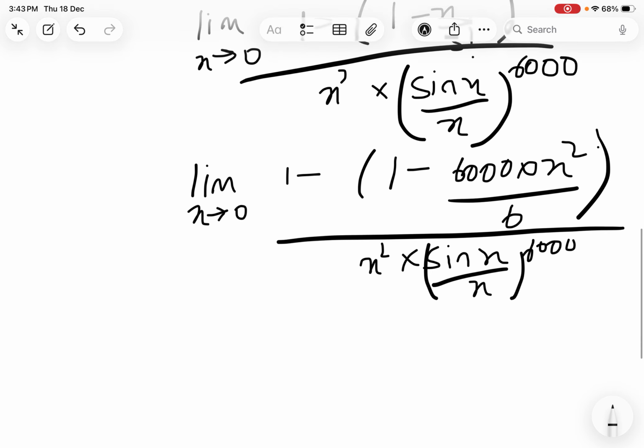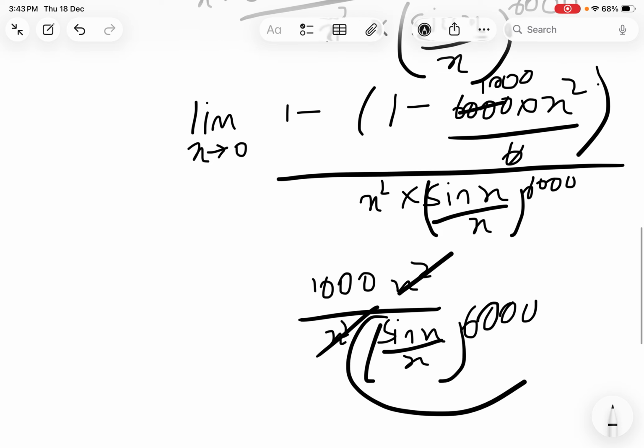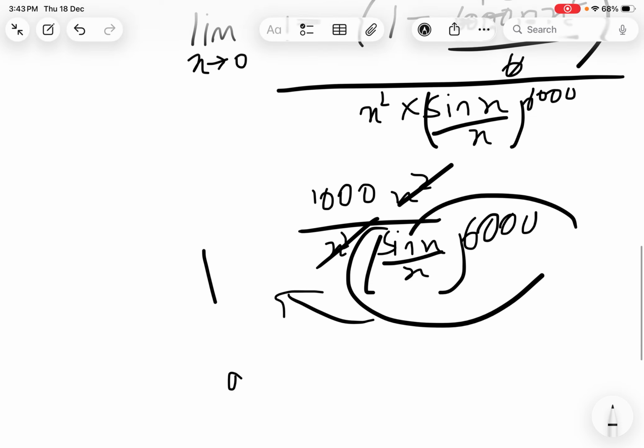Now we are just going to open this up. This is becoming 1 minus 1 is 0, and this will become 1000 x square upon x square into sine x by x raised to power 6000. This whole thing will become 1, right? So the answer is 1000.